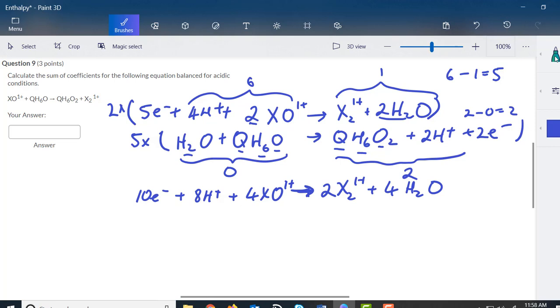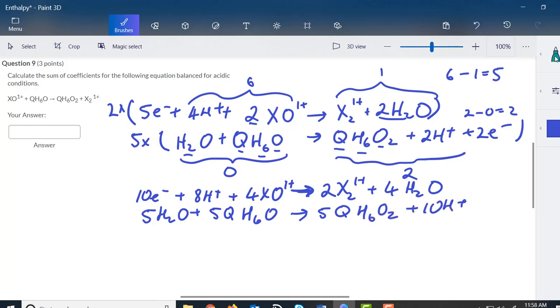Alright, so down the bottom here we'll have 5H2O plus 5QH6O, arrow, 5QH6O2 plus 10H plus 10 electrons.